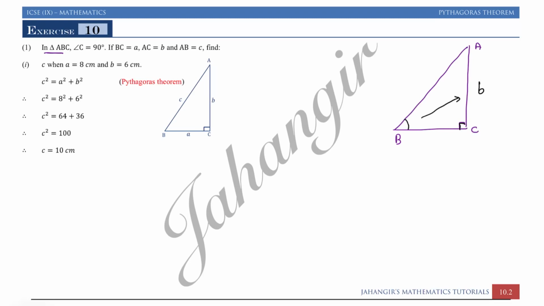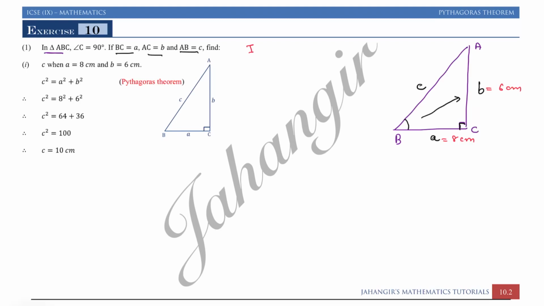Opposite angle C we will have side c, small side c. And opposite angle A we have small side a. So BC is equal to a, AC is equal to b, and AB is equal to c. Find the value of c when a is 8 centimeter, b is 6 centimeter. We have to find c.